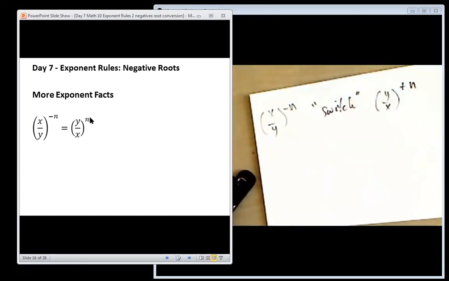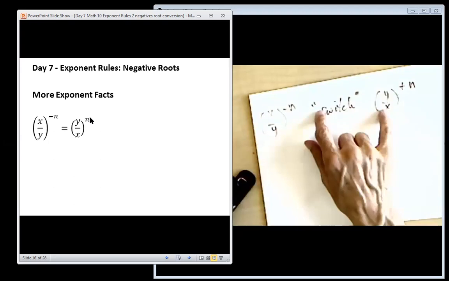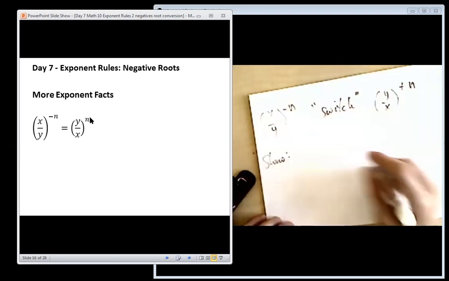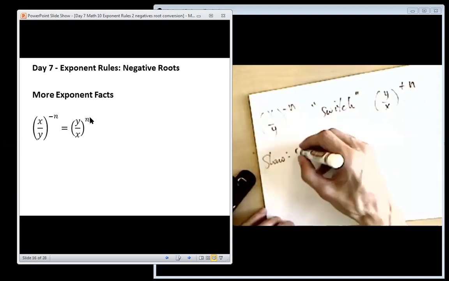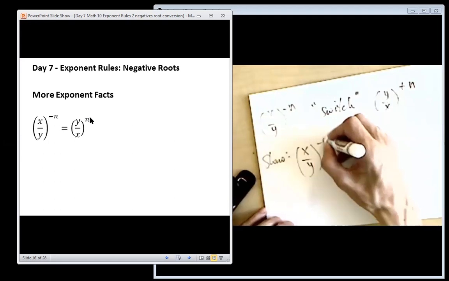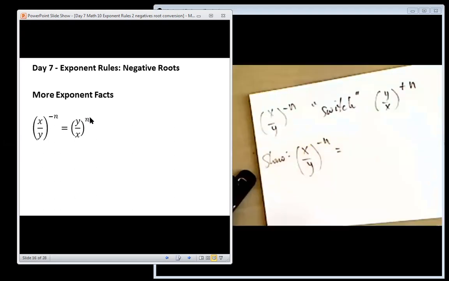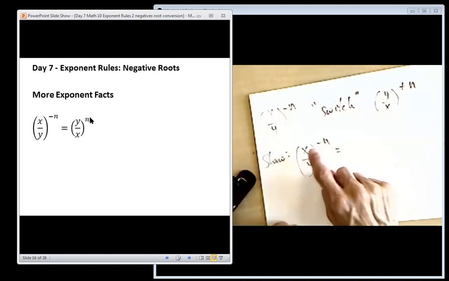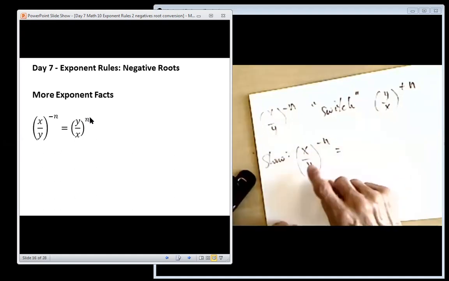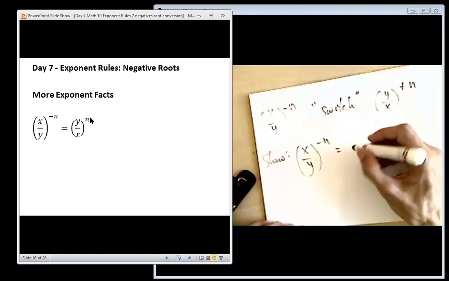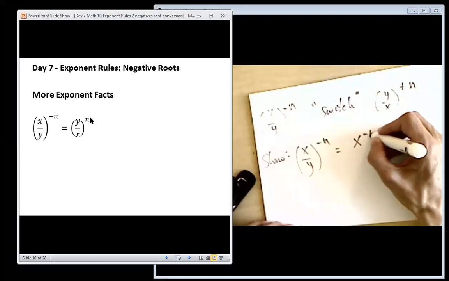If the fraction is simple, you can do that. Okay, but just to show you in slow motion how that happens. If you start with this thing, this exponent goes to each thing on the inside, just like we did yesterday with multiplying and such. Okay, so watch. So this is the same thing as this.